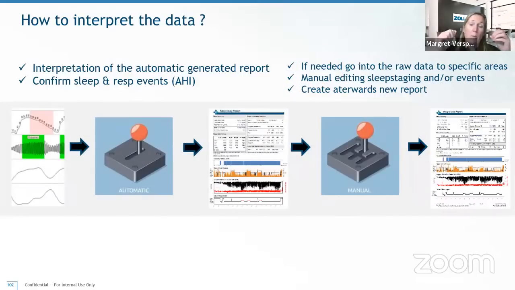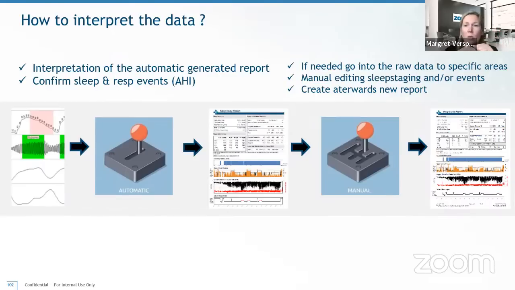With a polysomnography or polygraphy, you go into the raw data and do the scoring. In the WatchPAT it is already scored, but you check and verify if you agree with the automatic algorithm, with the automatically generated report. You check if you agree with the scoring. So you look at the report and see how the algorithm did the scoring, and if needed, you can go into the raw data to specific areas.